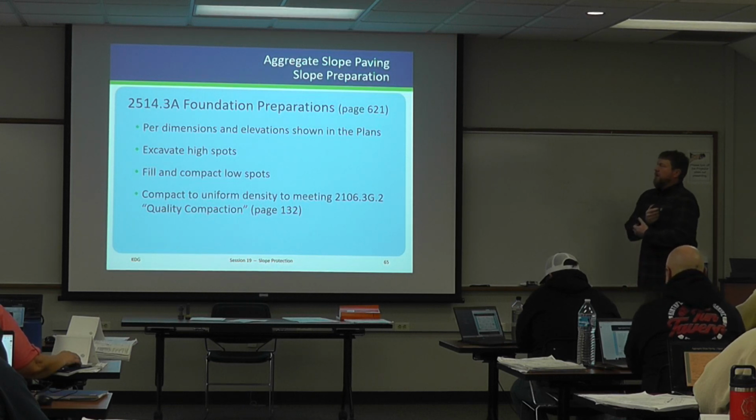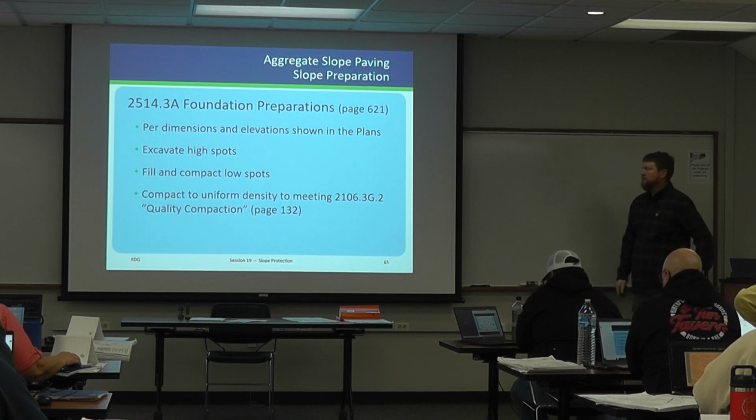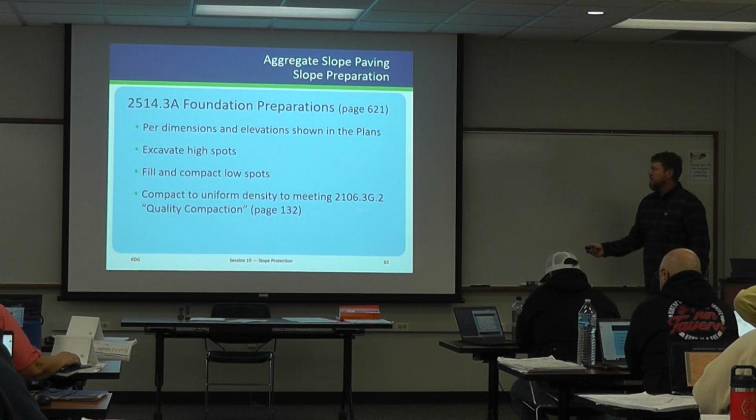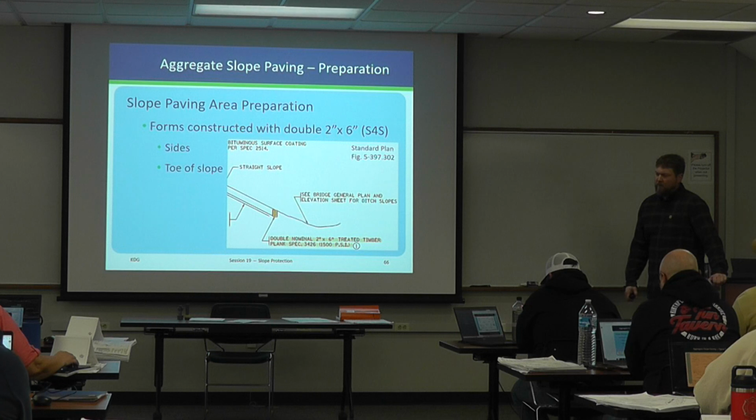Similar to riprap, you have to prep the base, take out high spots, fill and compact low spots. And then there is a reference to 2106 for quality compaction requirements of that surface. There's an excerpt from the 302 standard plan. At the bottom, the aggregate needs something to keep it in place, right?